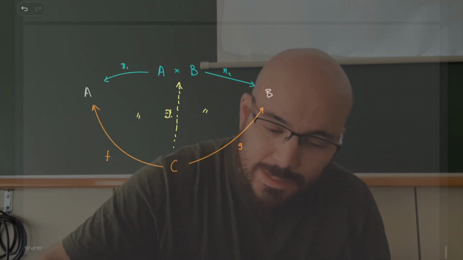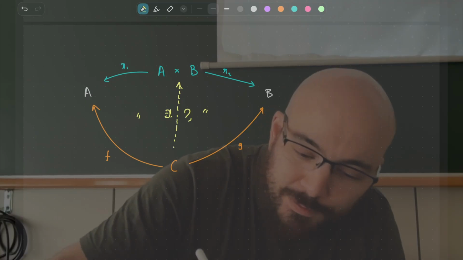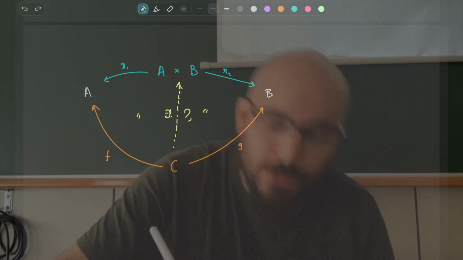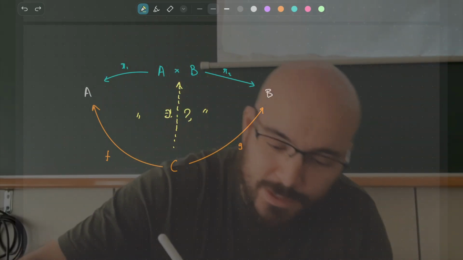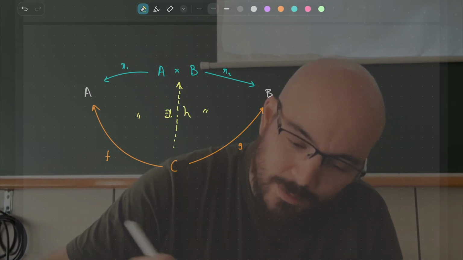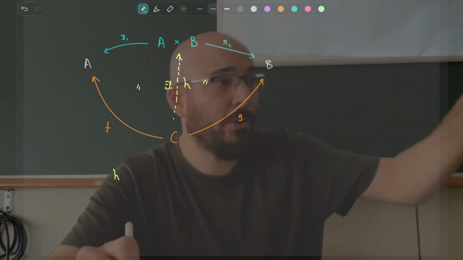So let's see what this function would be. Let's say you want to defend the idea that this whole thing is a product. You should define this function and you should prove that it's unique. So for the time being, let's call it H. What would the definition of H be? You are doing set theory now.